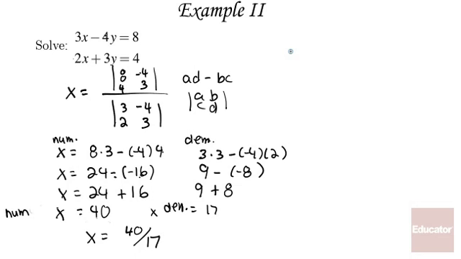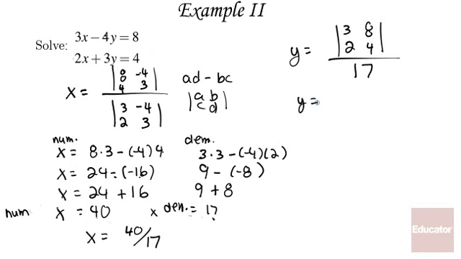Okay, now finding y. Finding y is going to be easier because I have the same denominator, which is 17, so that takes a lot of work out of it. In the numerator, in that first column go the x coefficients, and I replace the second column with the constants.